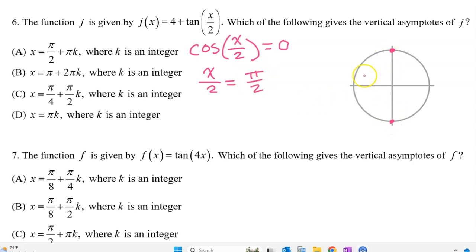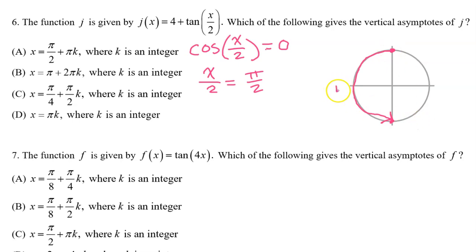And yes, the next solution is down here at 3 pi over 2. But I'm not making a list. I need to write an expression for the infinitely many solutions to this equation. So I'm going to recognize that the next solution is going to be pi radians after the first solution.